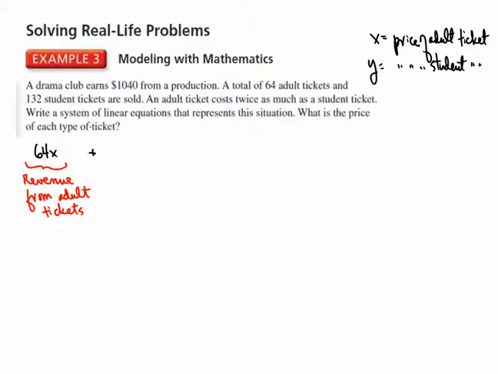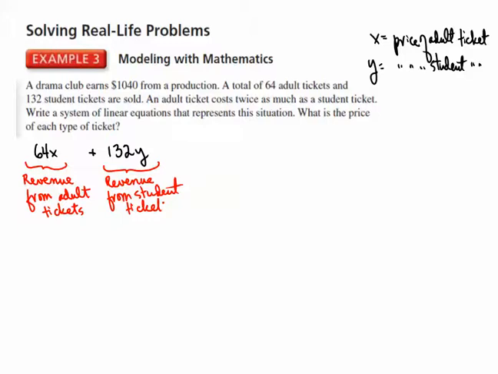Then we can do something similar with the student tickets. We know that 132 student tickets were sold, and if they cost Y dollars each, then that 132 times Y will give us the revenue or the income from student tickets sold.